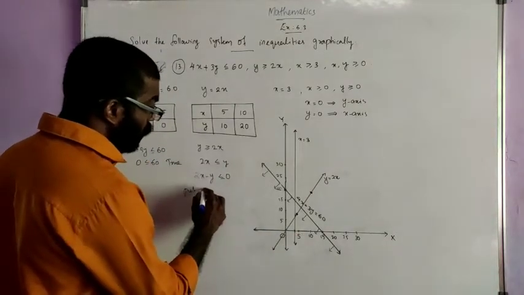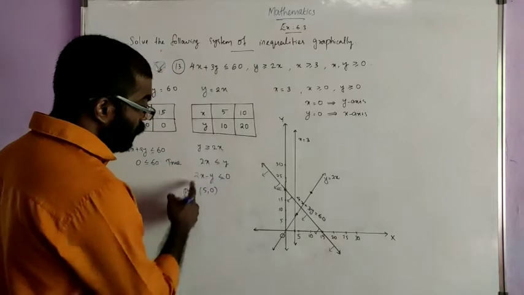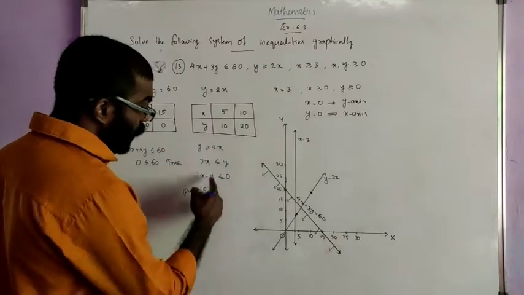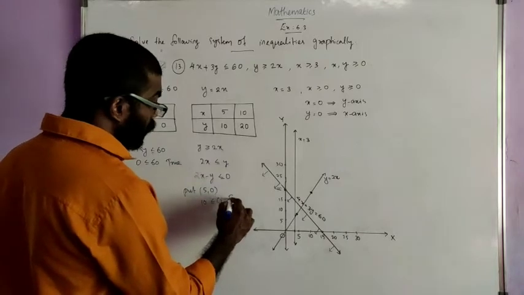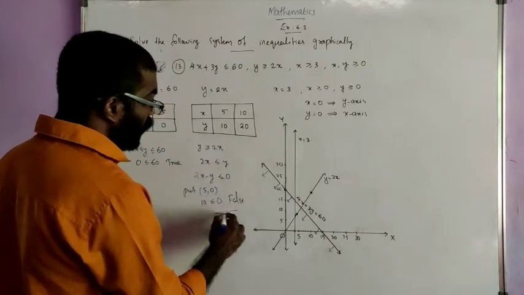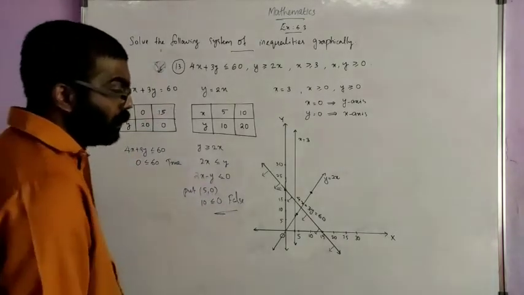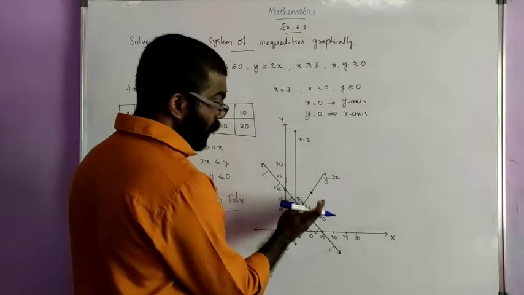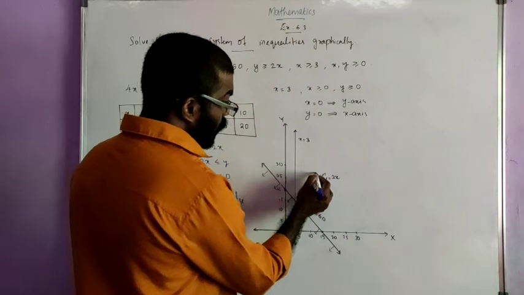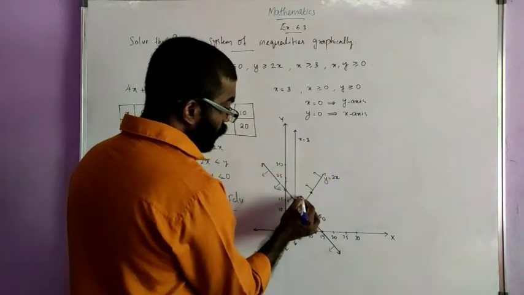So we can put 5, 0 here. 2 into 5, 10. 10 minus 0, 10. 10 less than or equal to 0 is a false statement. Here 5, 0 is a point on the lower part of this line, so the upper part will be the solution part.